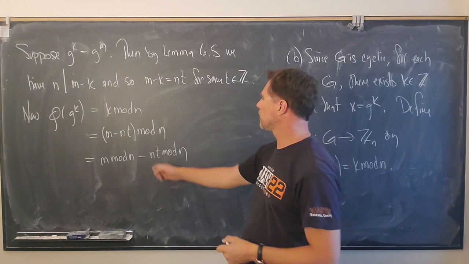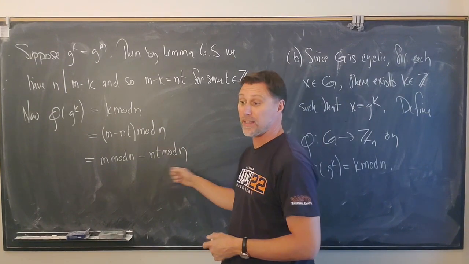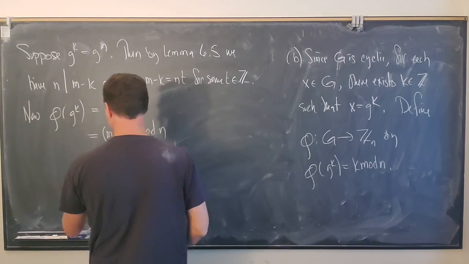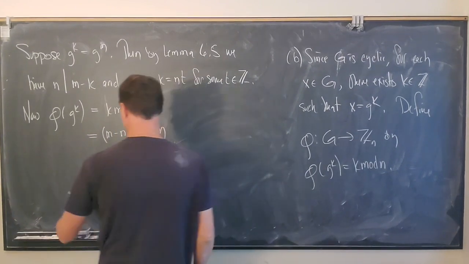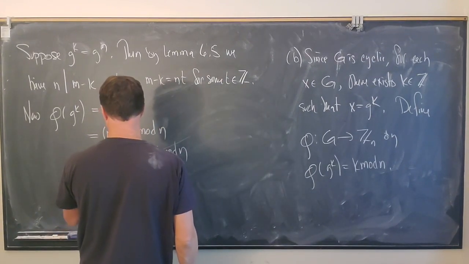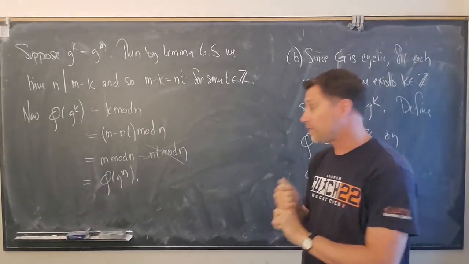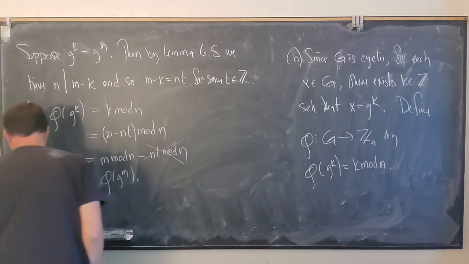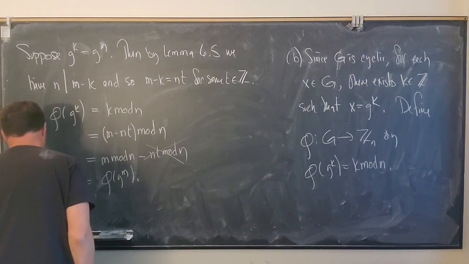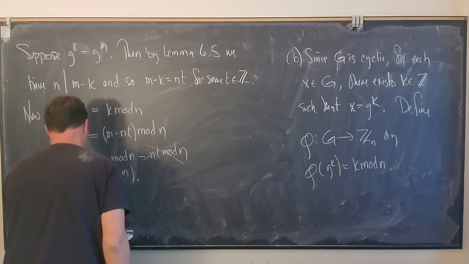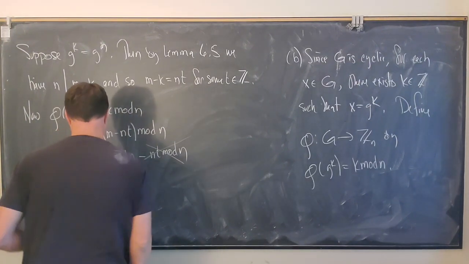And when you have a multiple of n and you do mod n, you get 0. So this part is equal to 0, and so this is equal to m mod n, which is exactly phi of g to the m. So that tells us that phi is well defined. So we have an honest function here.